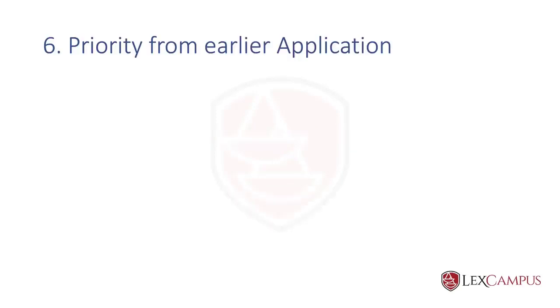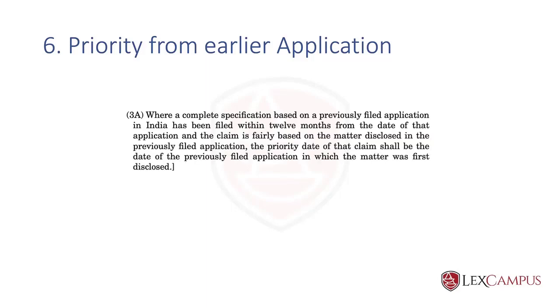The sixth point you need to remember when it comes to section 11 and priority dates is that the priority can come from an earlier application. We understand this in subsection 3 capital A, where a complete specification is based on a previously filed application in India.